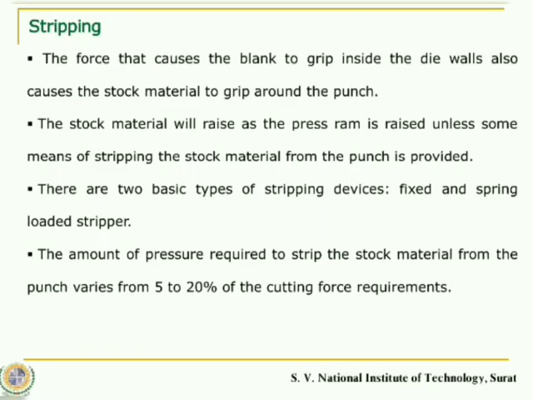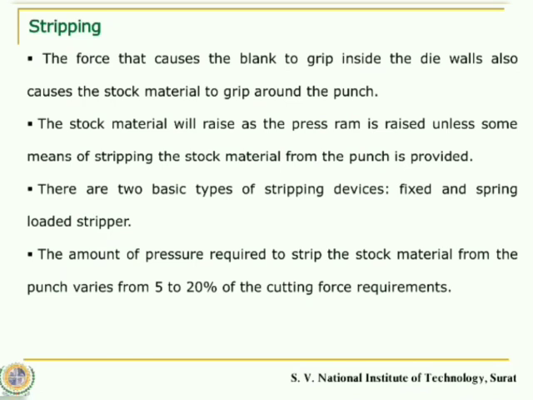As discussed earlier, the force that causes the blank to grip inside the die walls also causes the stock material to grip around the punch. The stock material will rise with the punch as the ram of the press is raised unless some means of stripping this stock material from the punch is provided.